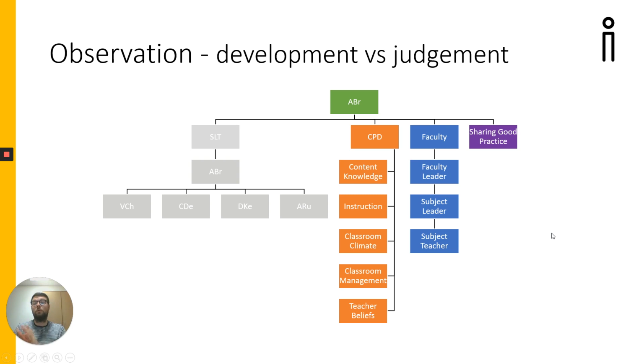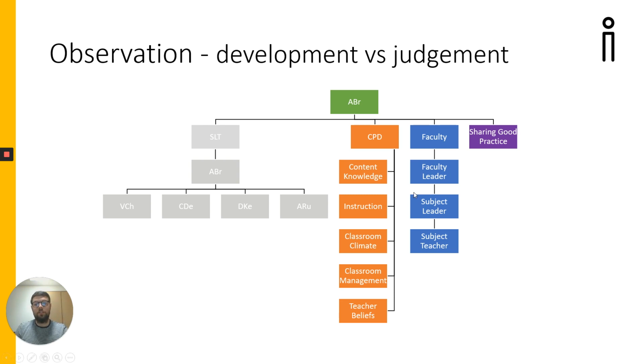You have a session on some ideas about how you could work on, let's say, classroom management or instruction. And then as a peer, you say, I'm going to work on this, and can you as a peer observe me on this? It's really important that this is non-judgmental and it's a peer observation as opposed to an SLT or a faculty leader. And so here we are just trying to get our teachers to engage in practice and review.